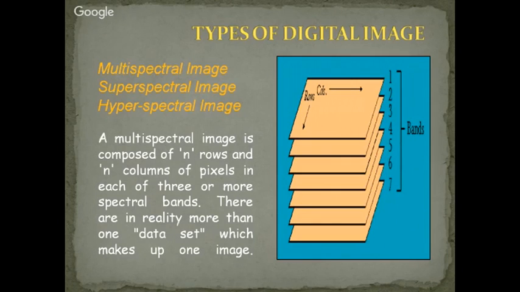As its name suggests, it has even a higher number of wavelengths used for acquiring the satellite images. The difference between superspectral and hyperspectral images is that in hyperspectral images, the spectral bands represent the continuous wavelengths, which means that in between, there is no break in the wavelength. Whereas in case of superspectral images, we can have breaks in wavelengths.